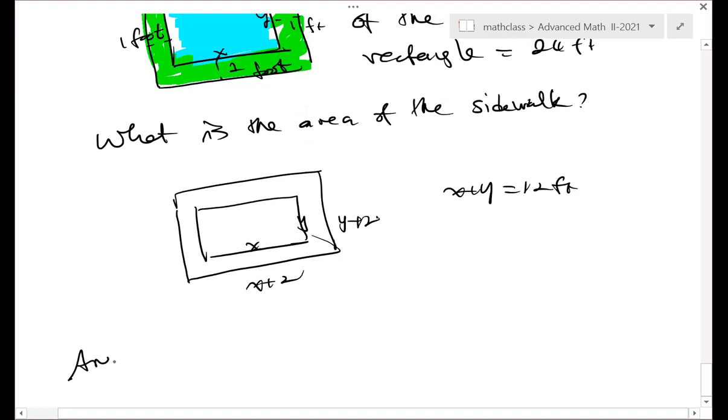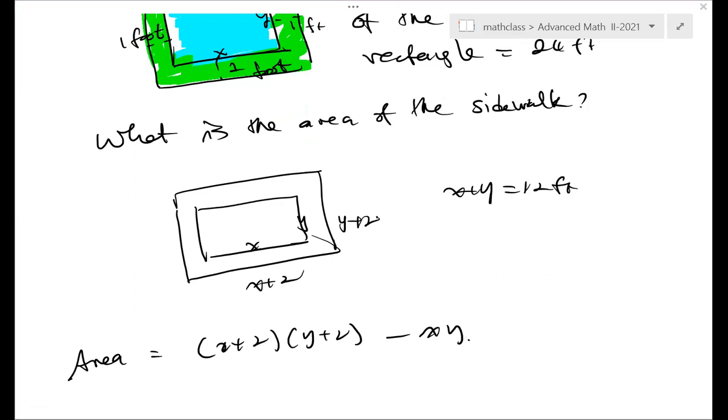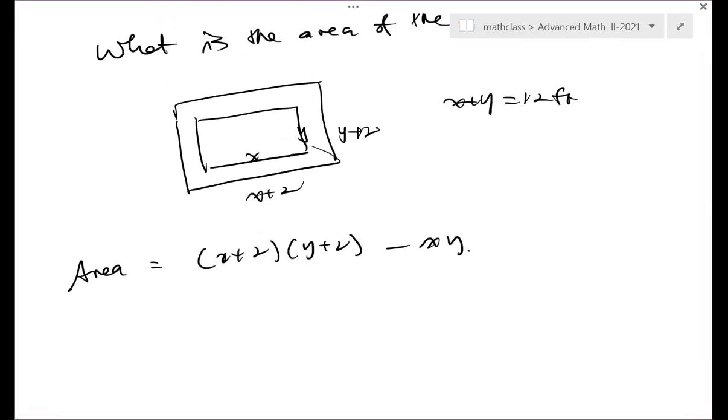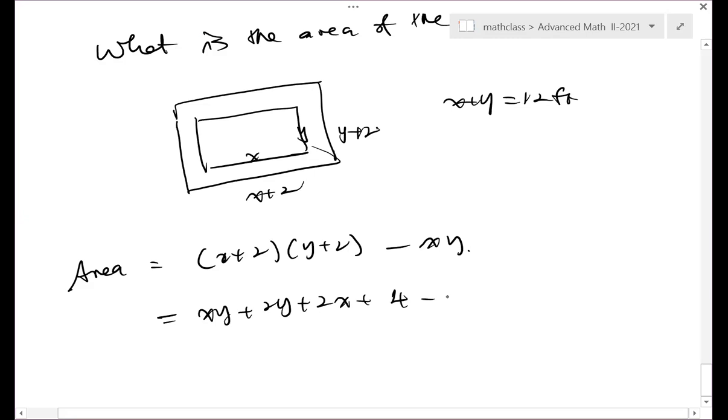Okay. So the area is going to be the area of the outside rectangle minus x times y. Okay, so let's simplify. Go ahead: x times y, and 2y, 2x, and plus 4.